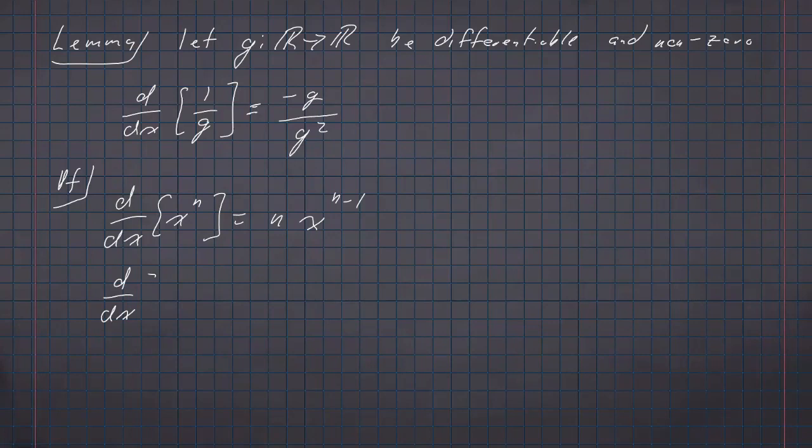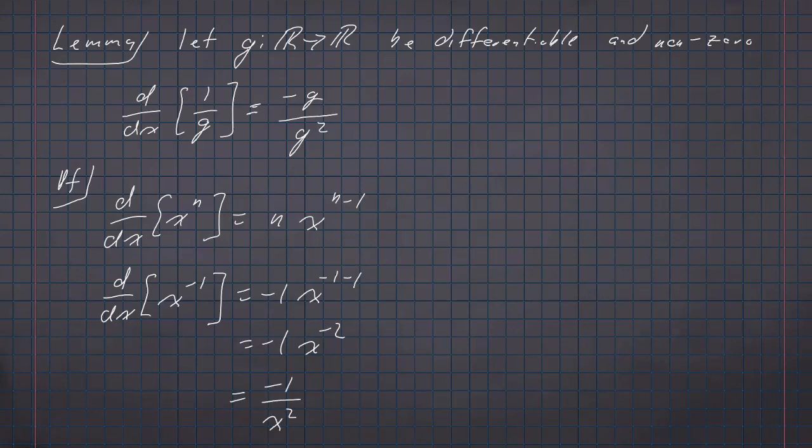I can get that the derivative of x to the negative 1 is negative 1 times x to the negative 1 minus 1, which should be negative 1 times x to the negative 2, and then using the properties of negative exponents, this is negative 1 over x squared.